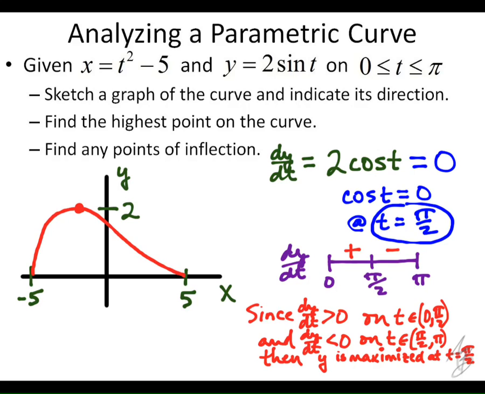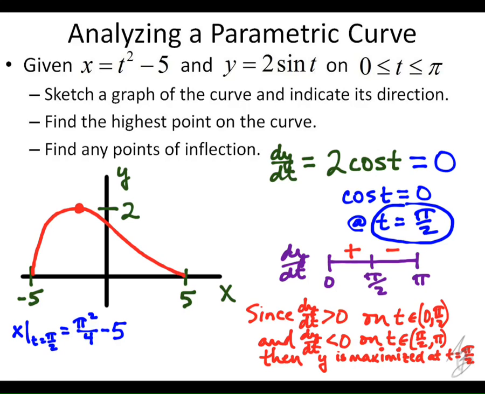So my x-coordinate, so x when t equals pi over 2 is going to equal what? You guys agree with that?